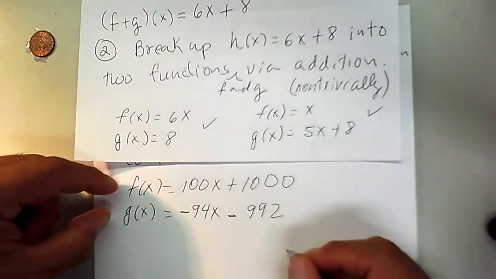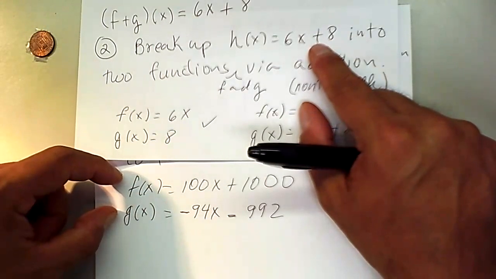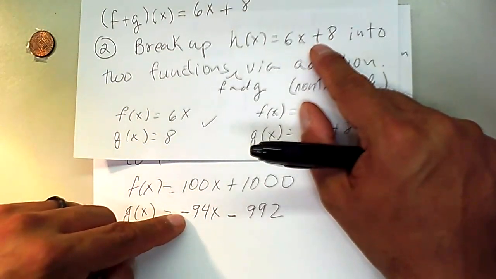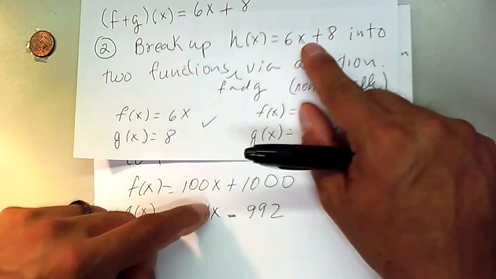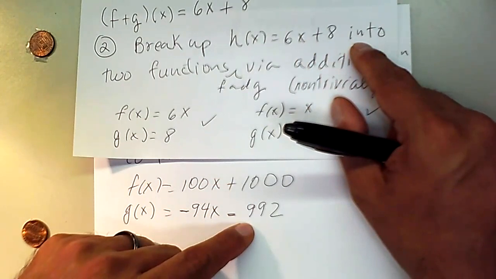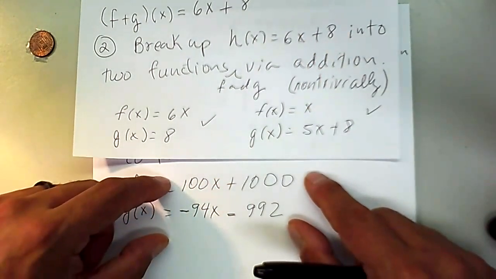So does the addition of those two make up this original problem? Sure, 100 minus 94 is 6x. 1000 plus negative 992 is 8. But this is overly complicated.